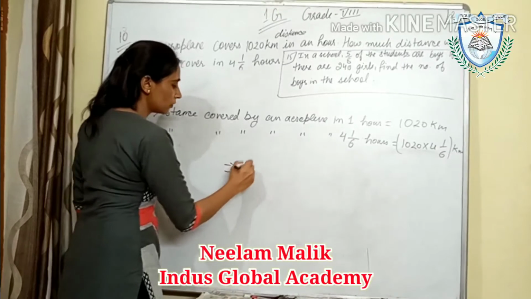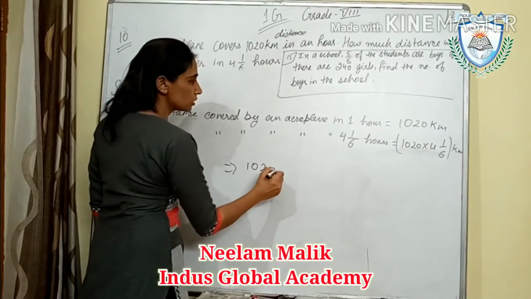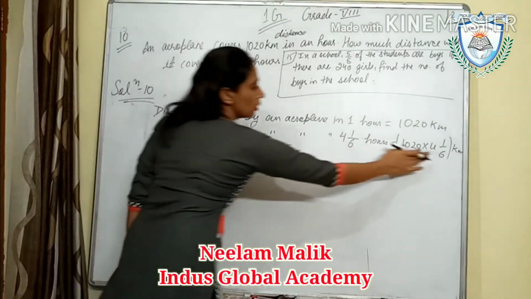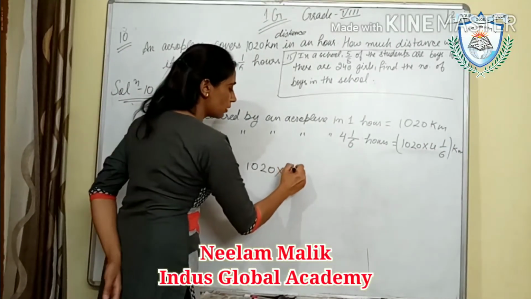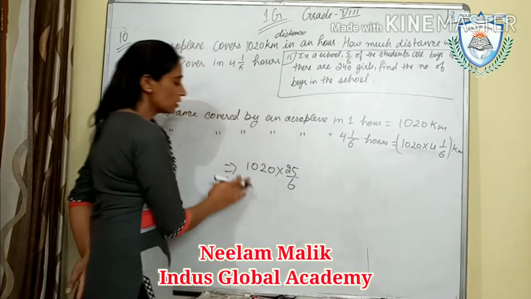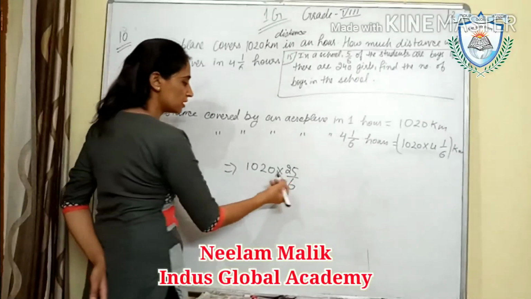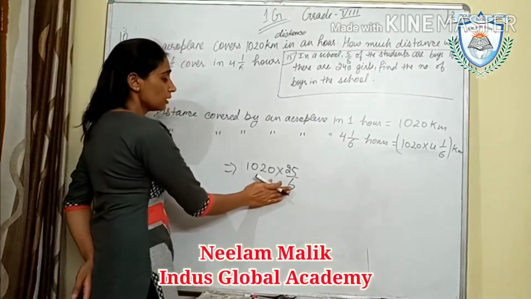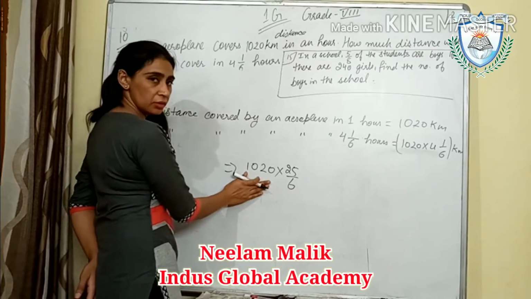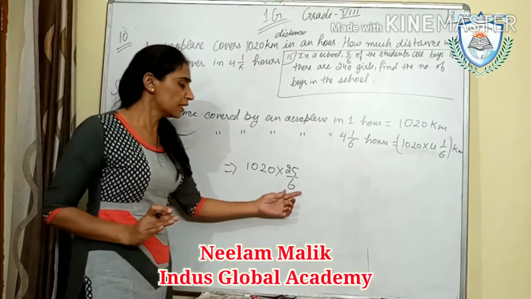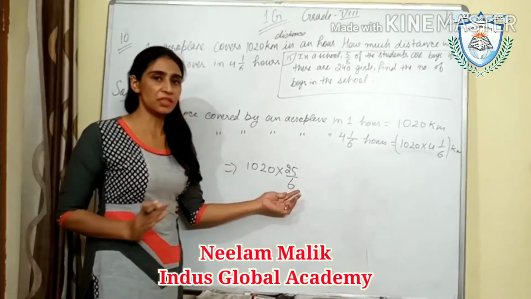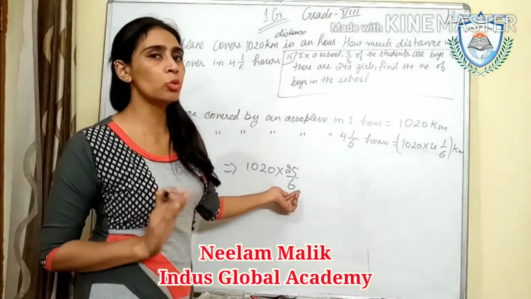I'm solving here 1020 into, convert this into improper, 25/6. Okay, if they are cutting, cut that. Let's try this. It will cut because how do you check the divisibility? A number is divisible by 6 if that number is divisible by 2 and 3.